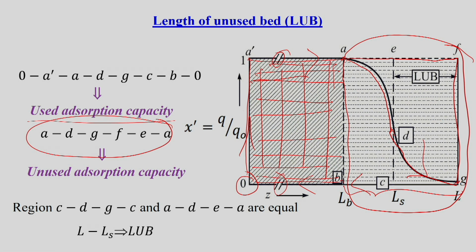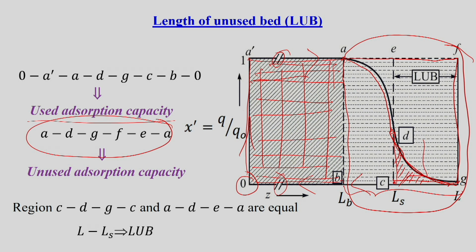Okay. And the unused adsorption capacity will be like this; if we start from C, then C to D, D to G and then C. This is the unutilized or unused adsorption capacity.